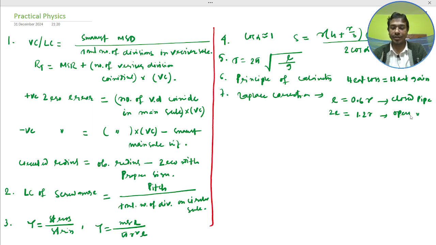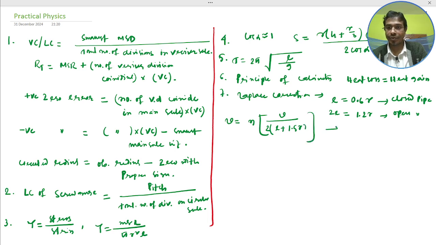We deduce this in your wave chapter. And next, the velocity would become v equals n times 2 into L plus 1.5 R in the denominator. This is for the open pipe. And the velocity would be v equals n times 4 into L plus 0.6 R, the corrected length.